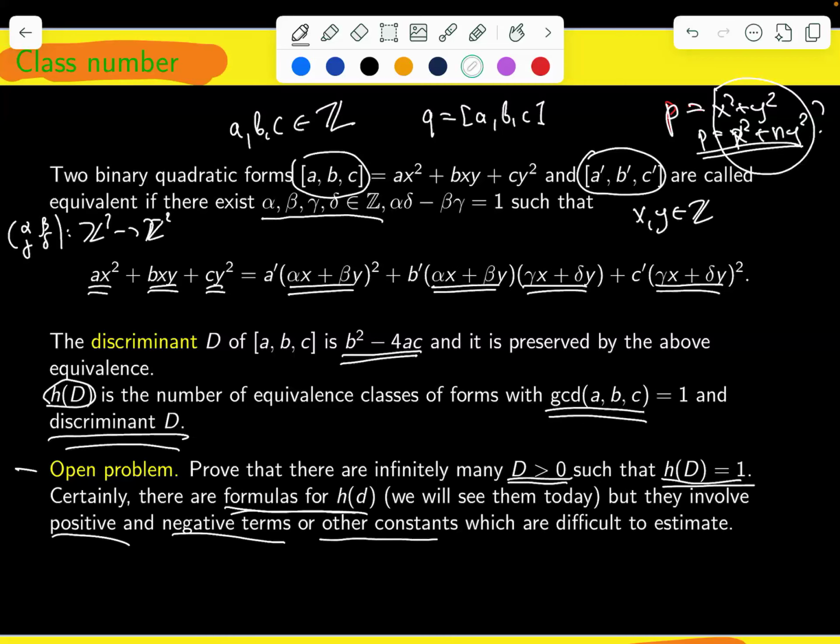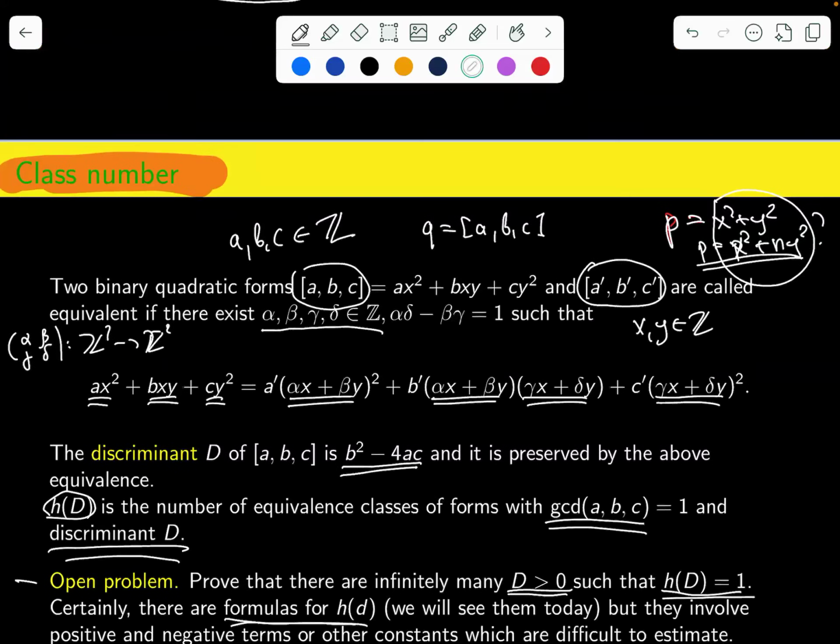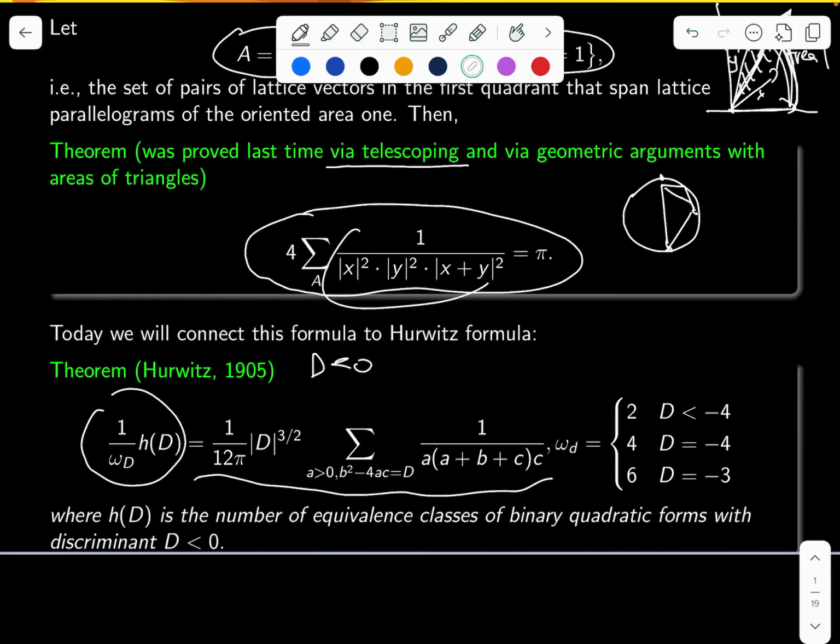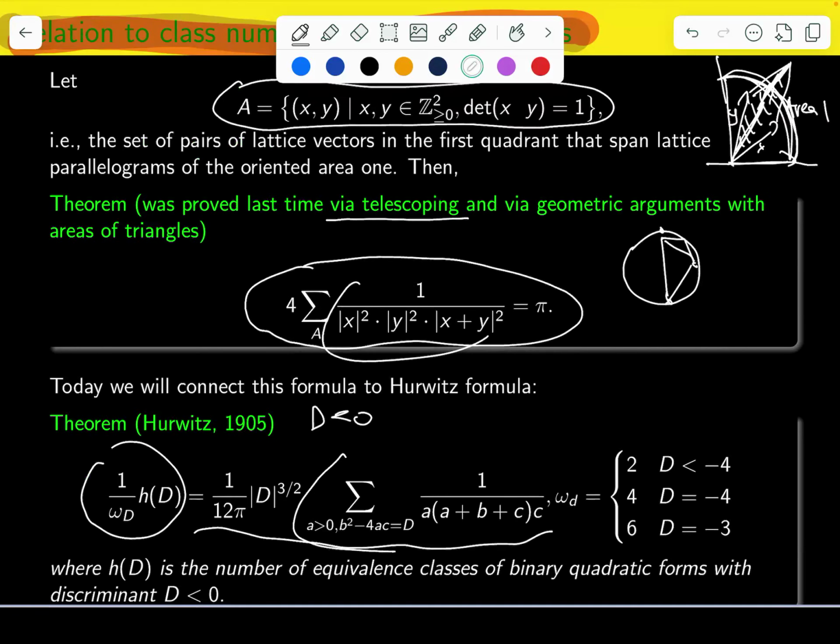In this sense, the formula above is good because here you have only positive terms. Well, actually, we will see that the terms will be positive here. And that's good. Maybe they're small, but at least they're positive. So it means that you can compute it. If you have a computer and you run it, you easily find good estimates.